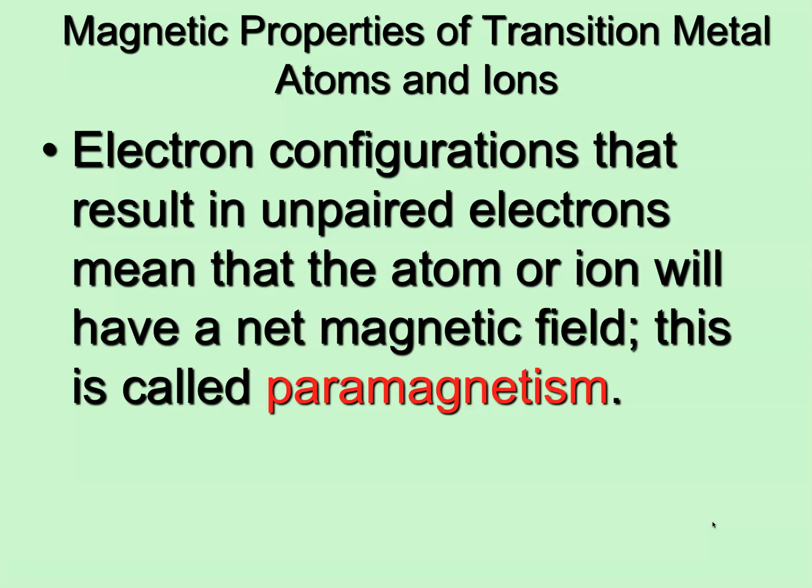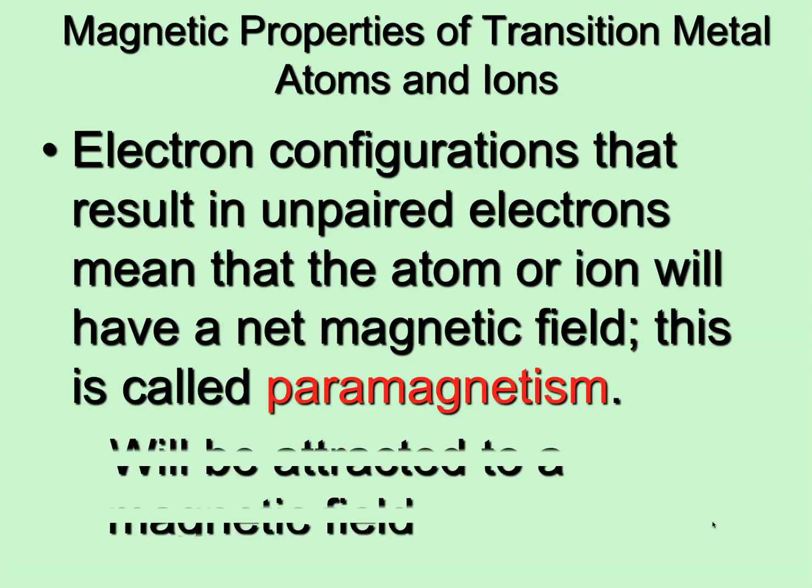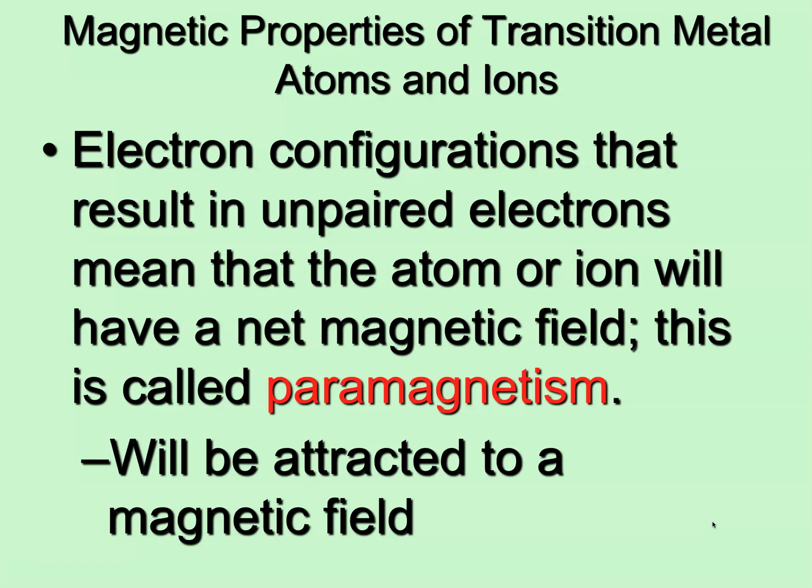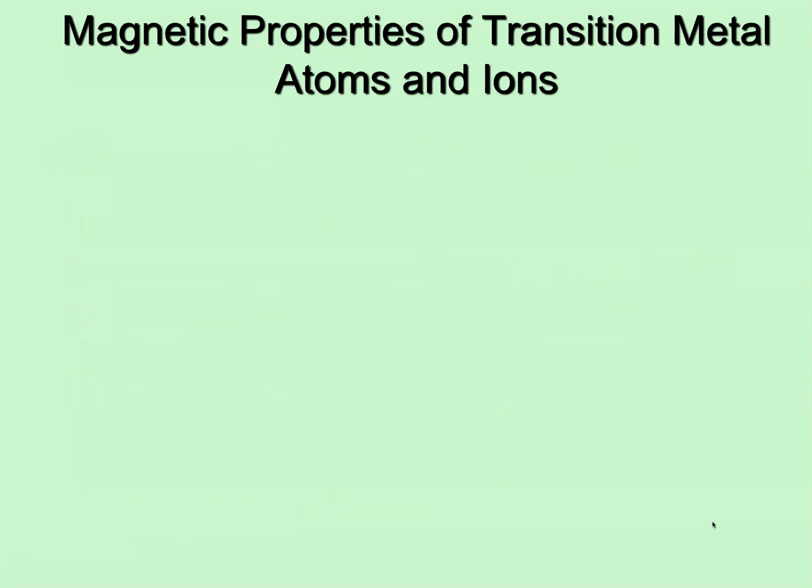If you have at least one unpaired electron, you have to be paramagnetic. Therefore, you'll be attracted to a magnetic field. The more electrons that are unpaired in their orbital, the greater the attraction to a magnetic field. Questions on this one? Okay.